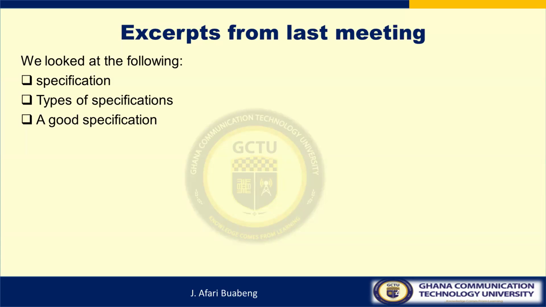When we talk about specification, it is the statement of needs. And I said that it serves 2 major purposes. I mentioned those purposes during the last time, but I want to find out if you remember the 2 purposes I mentioned.